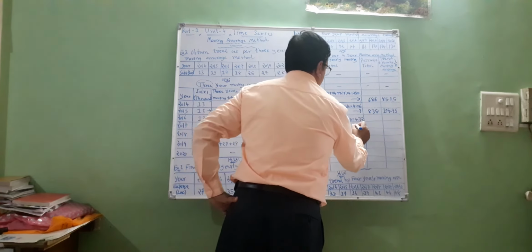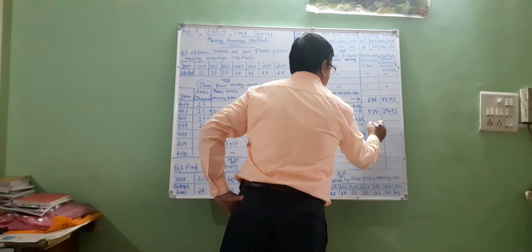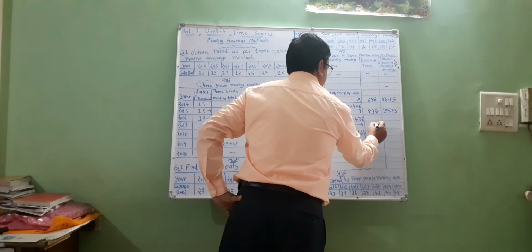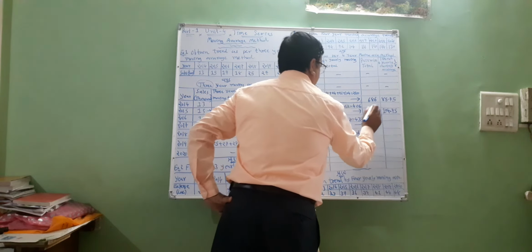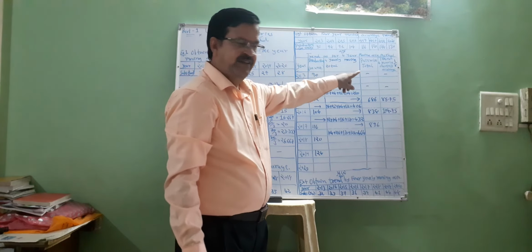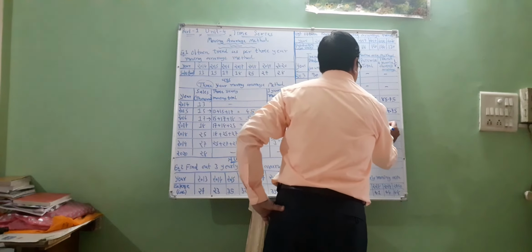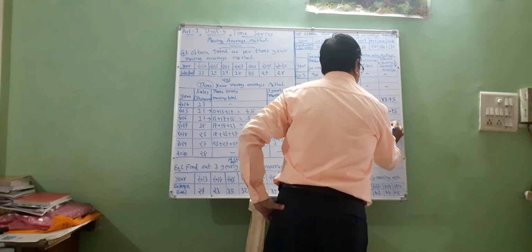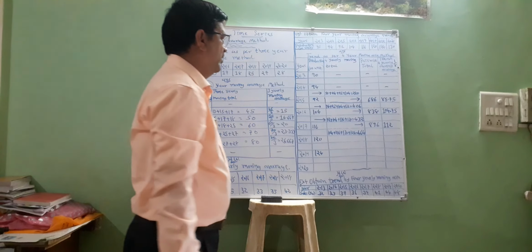Now take pairwise total of these two here, 896. Then divide it by 8. 8 ones are 8, and 112.